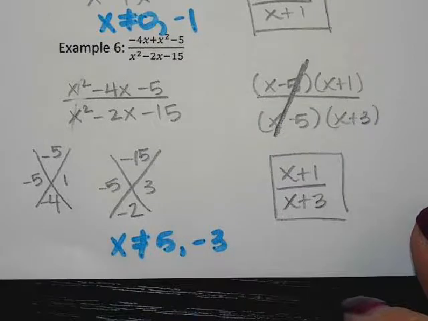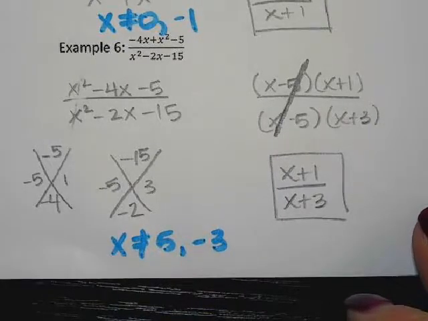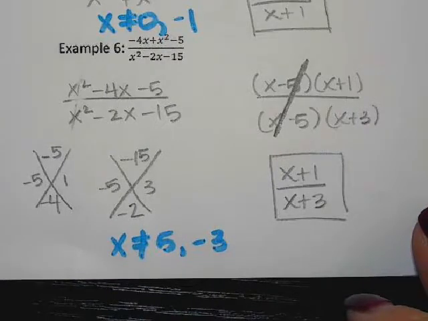So what do I need to do to look for an excluded value? It comes from the denominator.